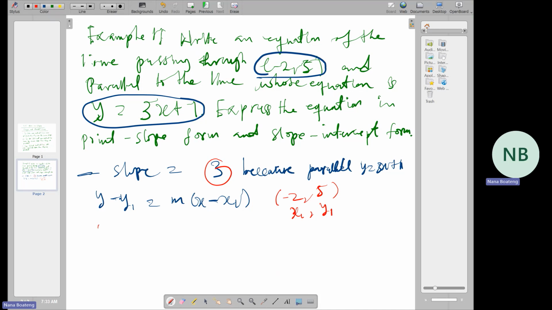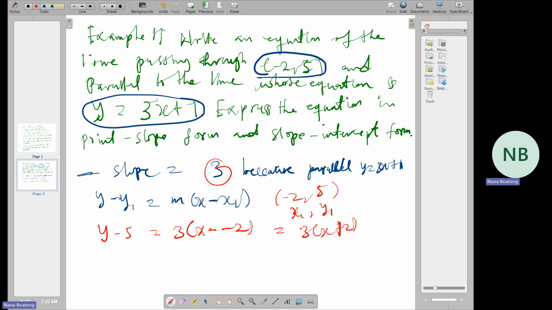We will have y - 5 = 3(x - (-2)), and x minus -2 becomes x + 2.